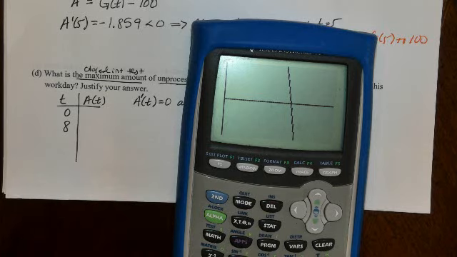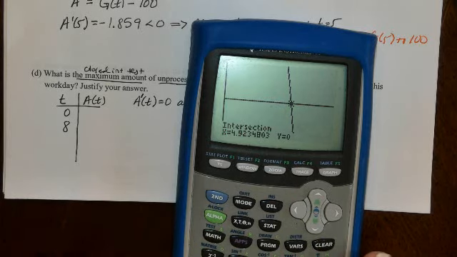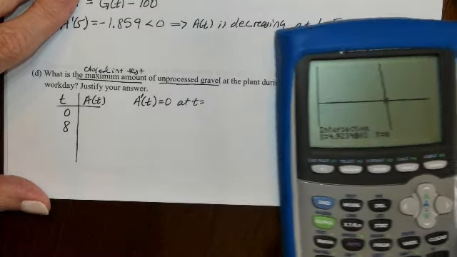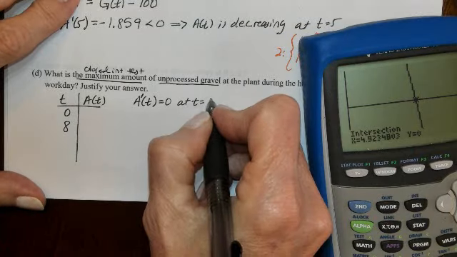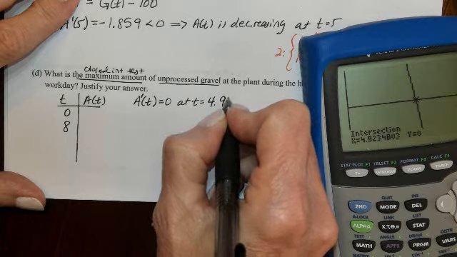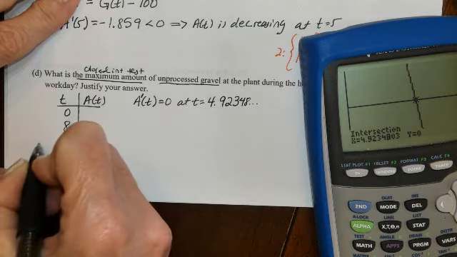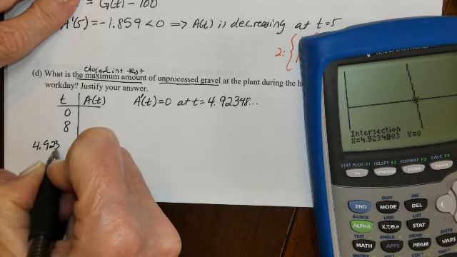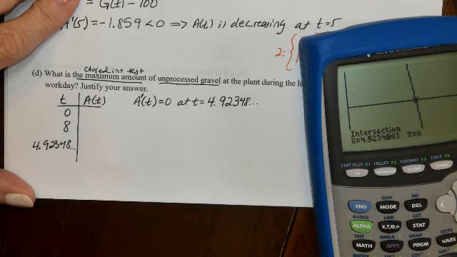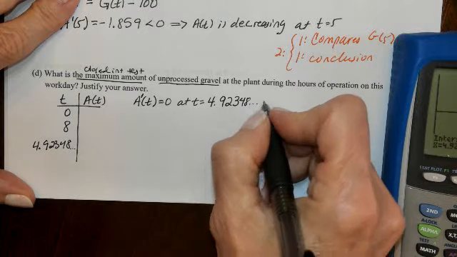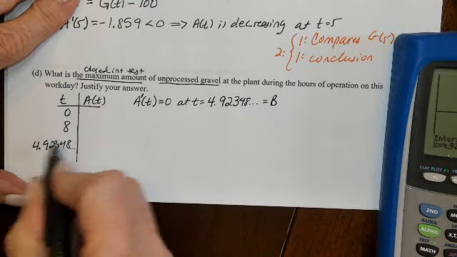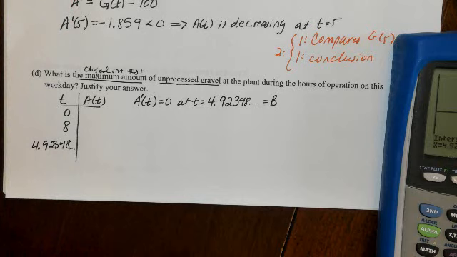Okay, so I'm going to find that time, second calc, intersect, enter, enter, enter, and it gives me that time that is our relative max, and that time has to be our absolute max. If you want to, you can say, hey, let me let that equal B, and then you could just put B over here, and that works too.